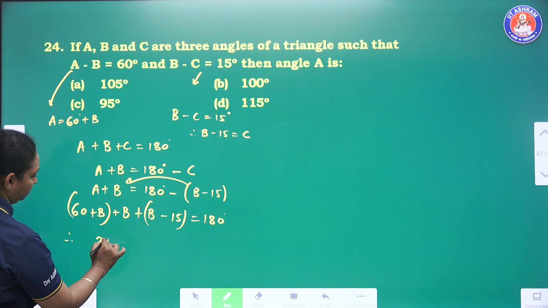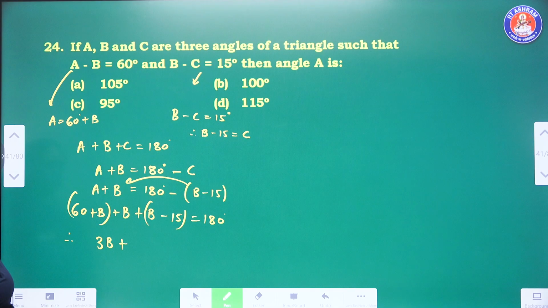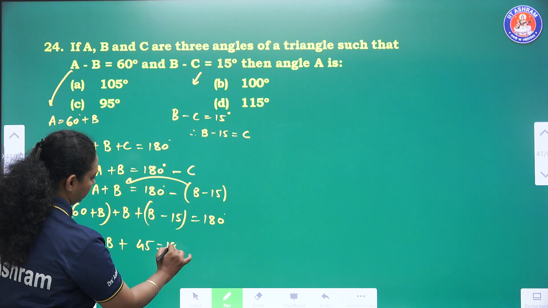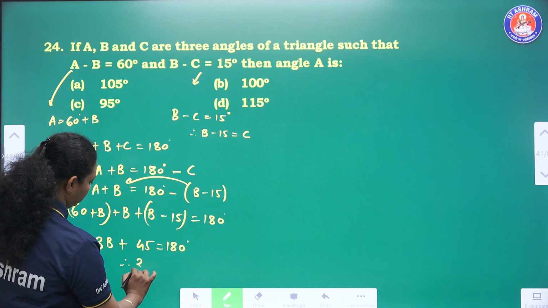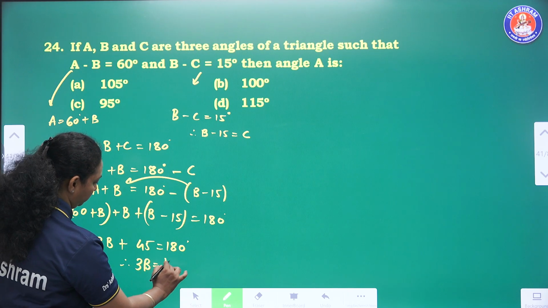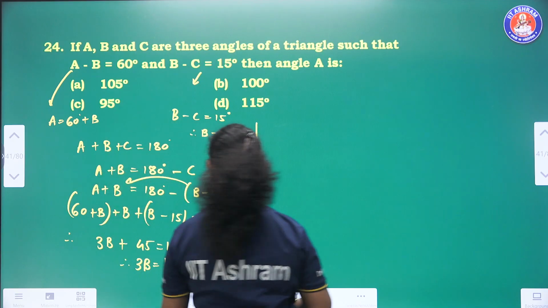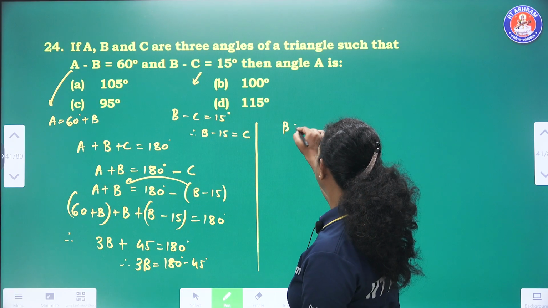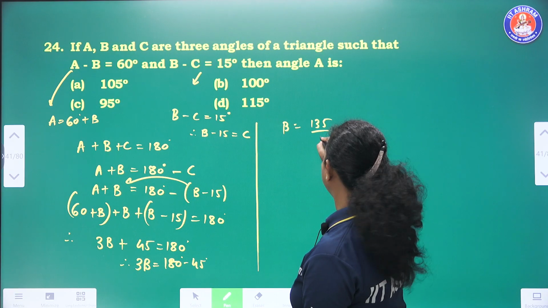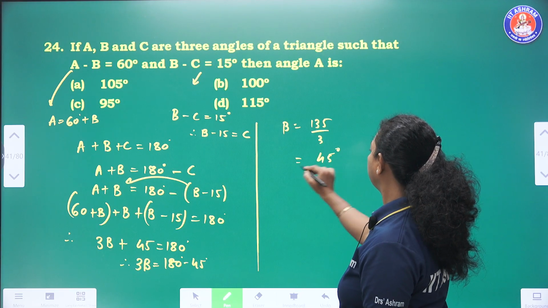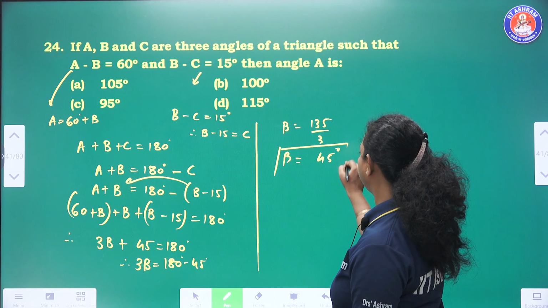So it is 3 times B plus 60 minus 15 is 45 is equal to 180. Therefore, 3 times angle B is equal to 180 minus 45, which is equal to 135. So B is equal to 135 divided by 3. How much is it? So angle B is 45 degree.